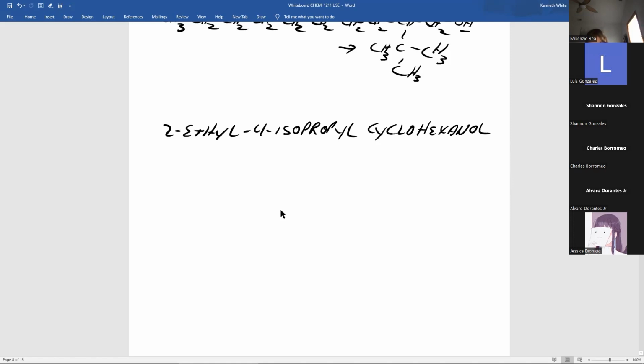And why don't you draw the structure for 2-ethyl 4-isopropyl cyclohexanol? Ooh, that's going to be a pretty molecule.